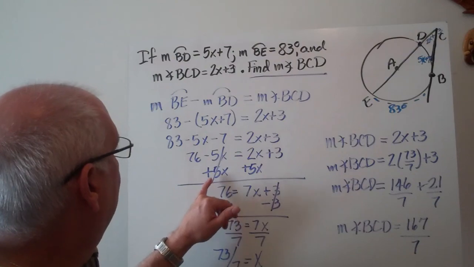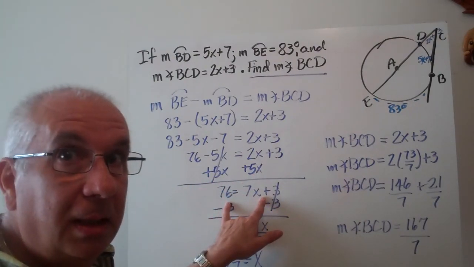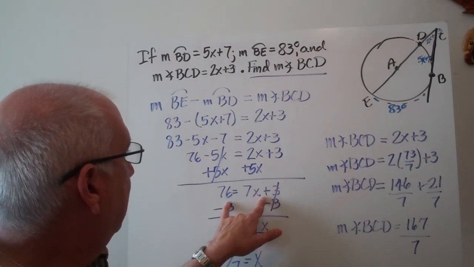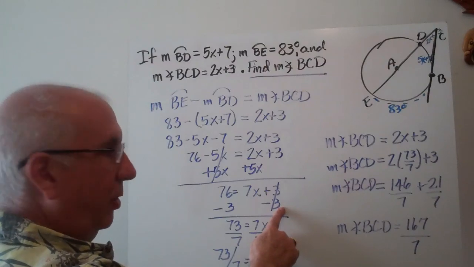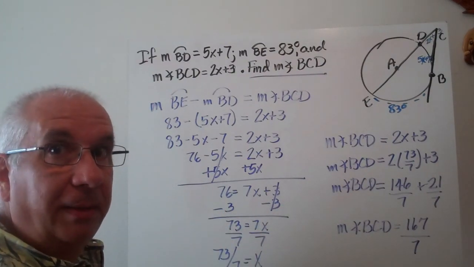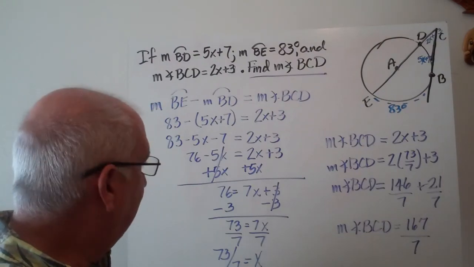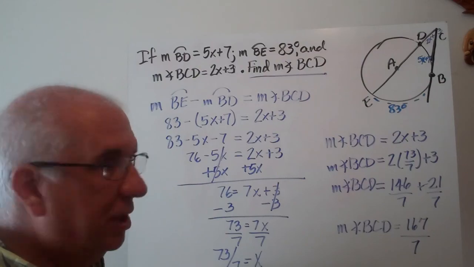We add 5x to both sides and we get 76 is equal to 7x plus 3. Subtract 3 from both sides, we get 7x is equal to 73. Divided by 7 gives us x is equal to 73 over 7.